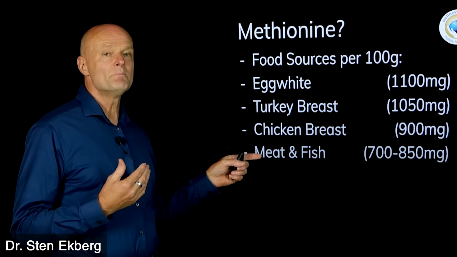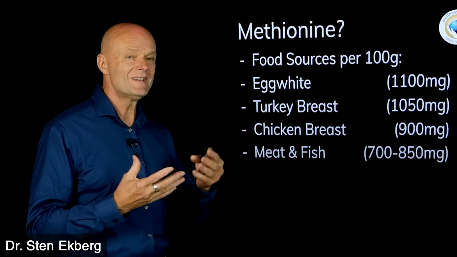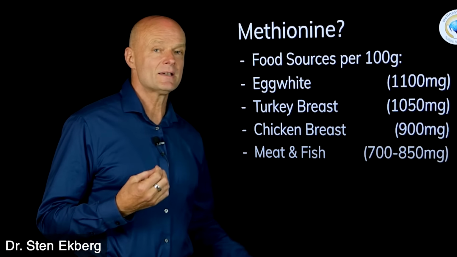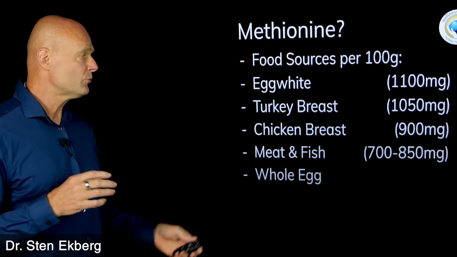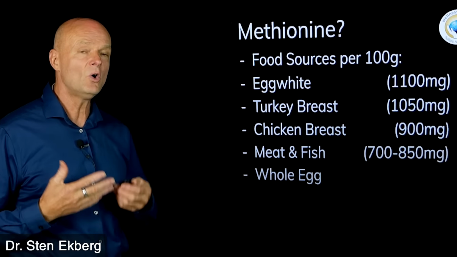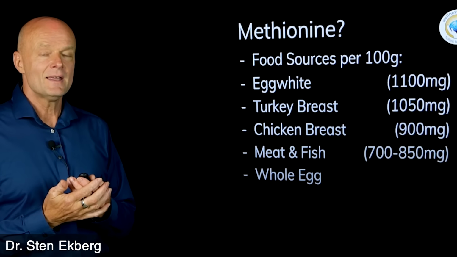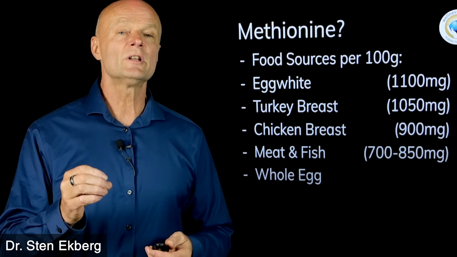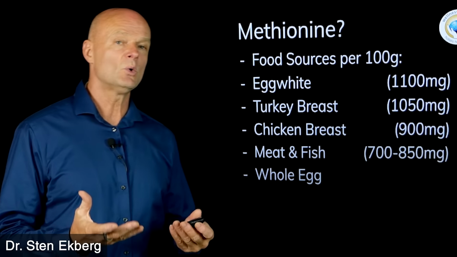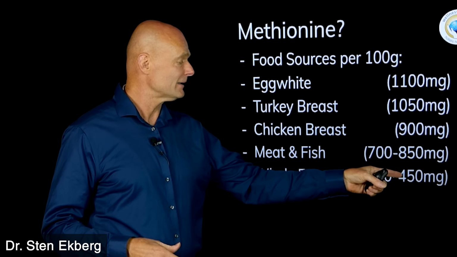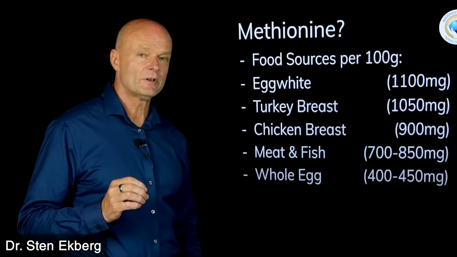Then when we look at meat and fish of most different varieties, we get between 700 and 850. And if we compare it to the whole egg, when we eat the egg yolk, which I always talk about, that it is maybe one of the most perfect foods in the world, but only if we eat the whole thing. So if we eat the whole thing, now you're getting a much better balance here, 400 to 450.